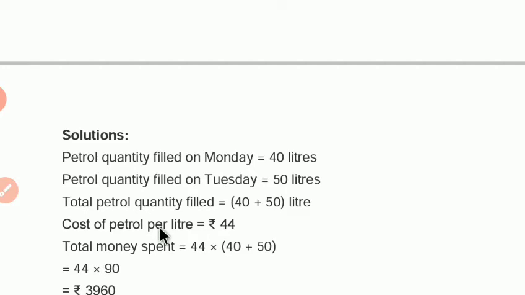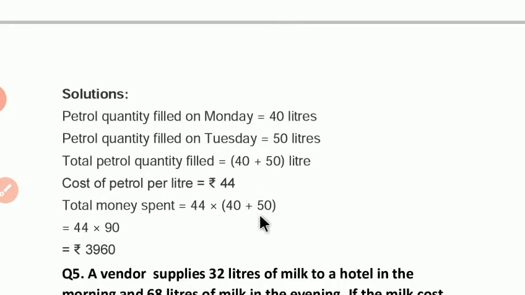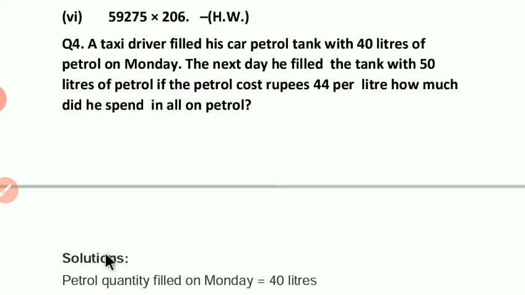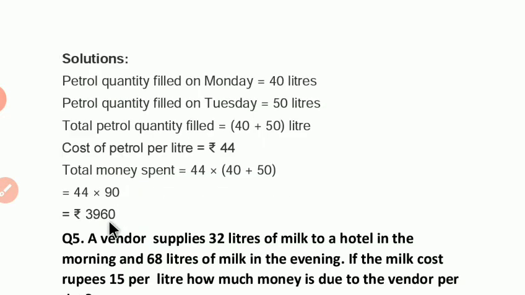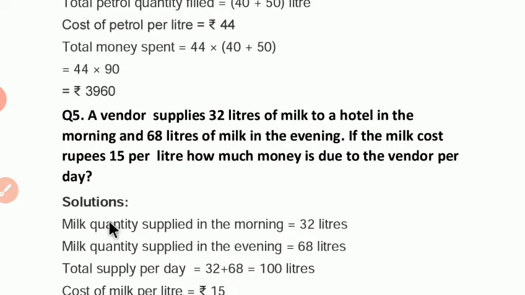Here the cost for 1 is given and we have to find for many, so we always multiply. So total money spent is 44 into 90, which is rupees 3,960. This is a question of the type where the cost for 1 liter is given as 44, so for 90 liters it will be 90 into 44.